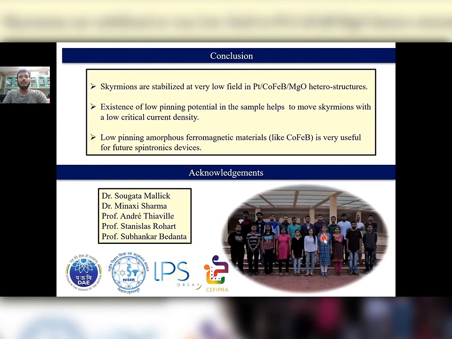In conclusion, we show that skyrmions are stabilized at very low field in the platinum/cobalt iron boron/MgO structure, and in our system a very low pinning potential is present, which helps to move the skyrmion with a very low critical current density. From this study, we can also say that using an amorphous ferromagnetic material like cobalt iron boron, in future one can design a sample stack which will be very energy efficient.